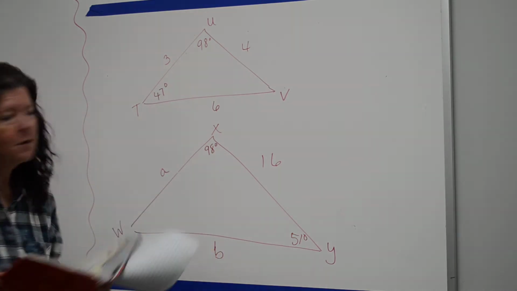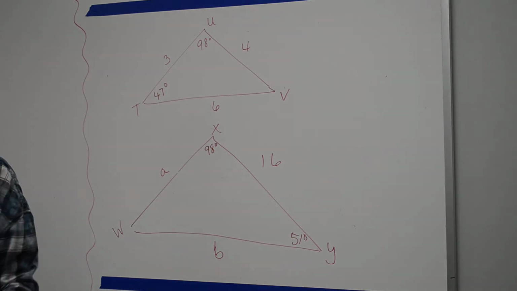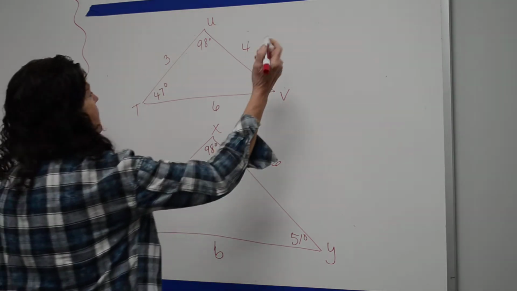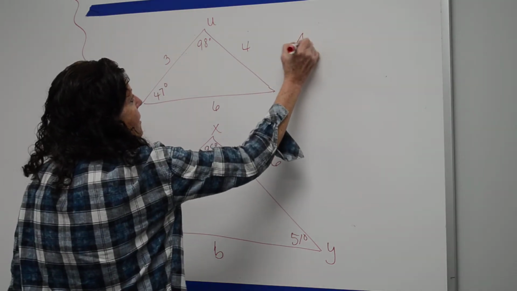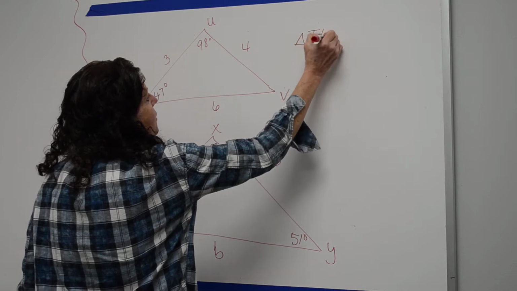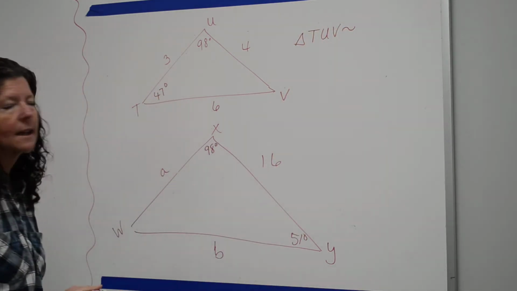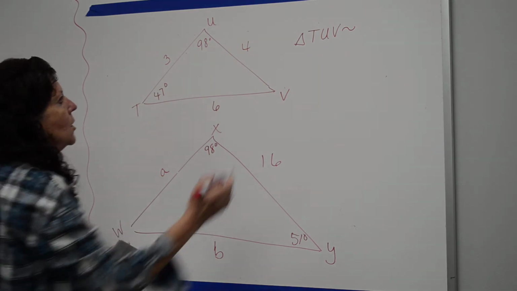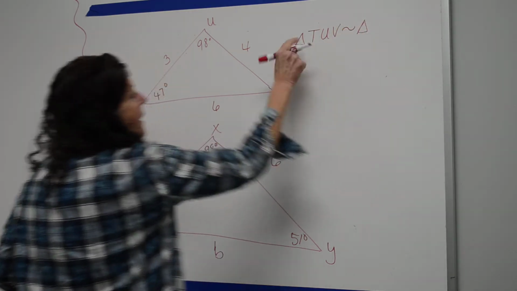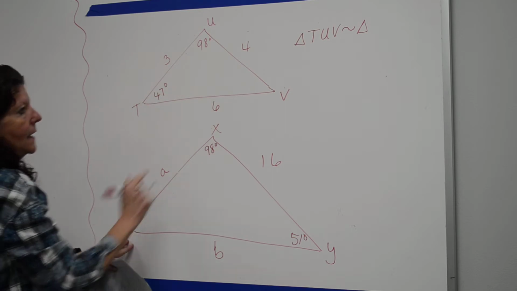All right, so those are the two triangles, and they give me a similarity statement. So they're going to tell me triangle TUV is similar, similar is like a sideways S, to triangle, and that angle that lines up with T is W.